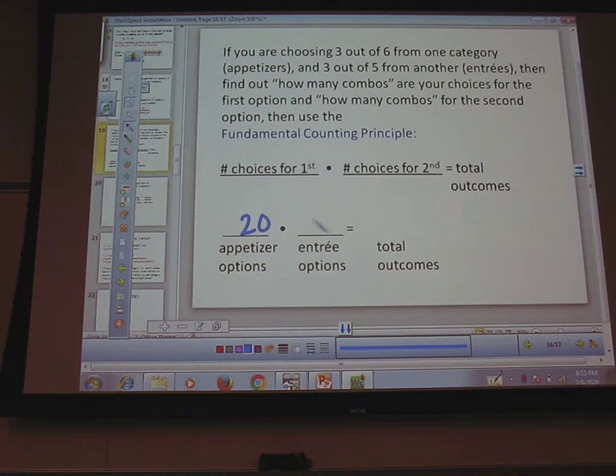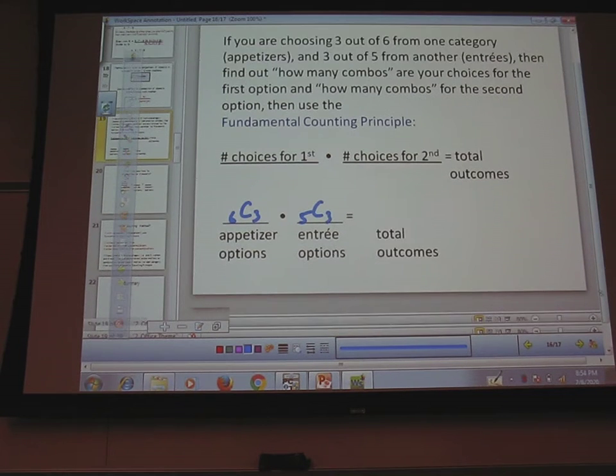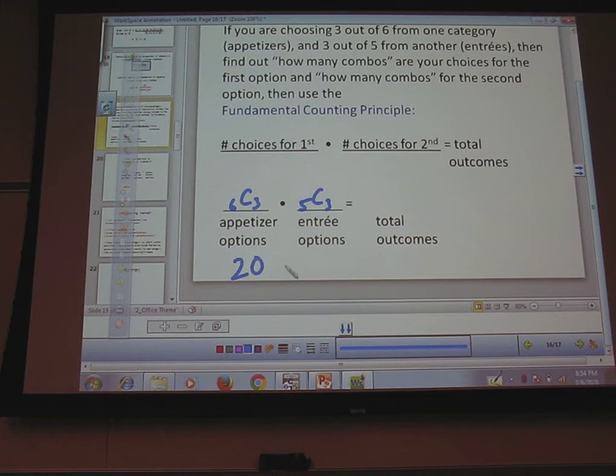It's 6 choose 3, and this is 5 choose 3. So there are 20 possibilities there, and for every one of the 20 possibilities, I have 10 entree combinations.